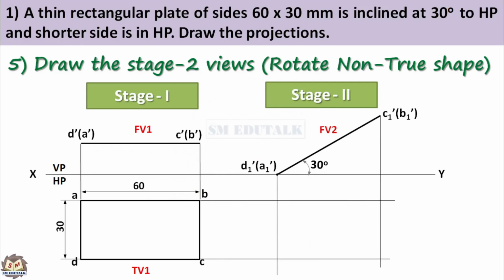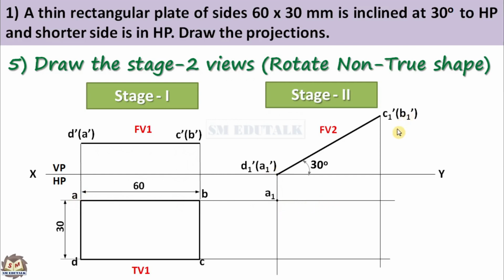Now these vertical projection lines and horizontal projection lines are intersecting each other and 4 intersection points are created. That is, a line starting from A1 dash and a line starting from A intersect here to create a point A1.